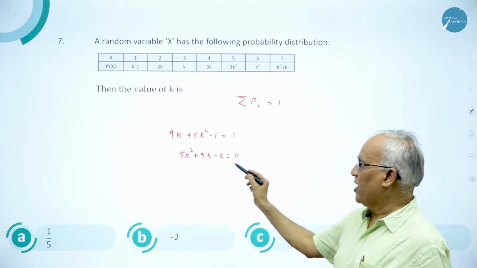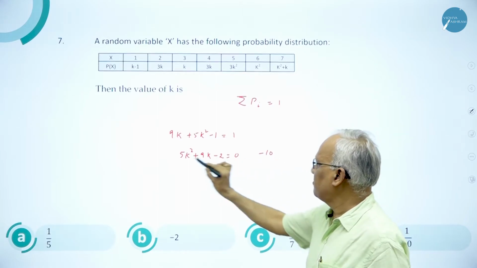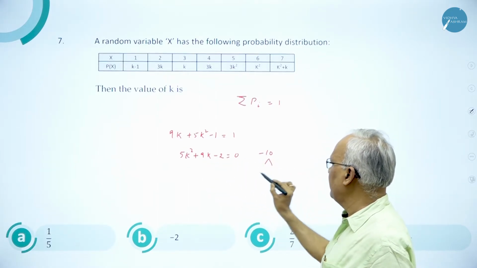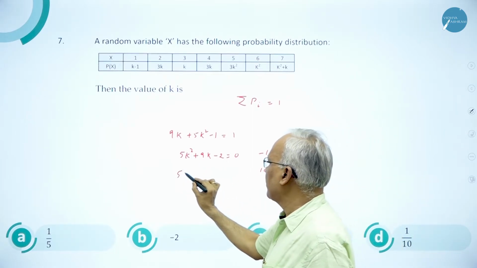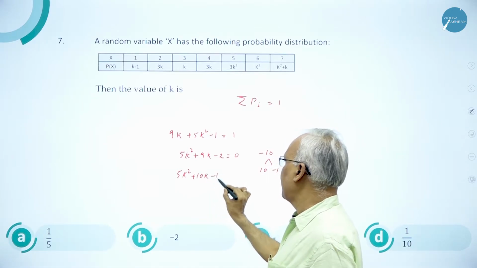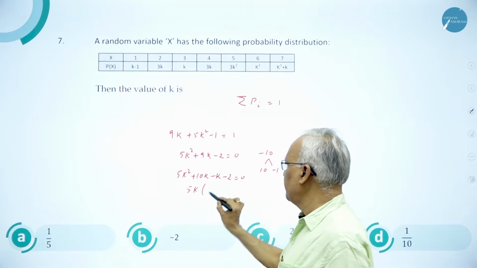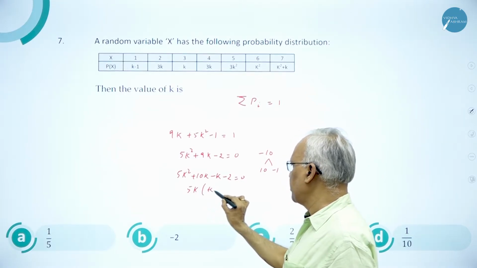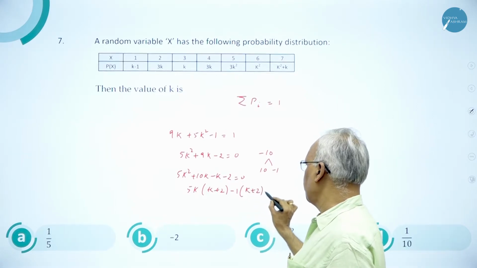Now you have to find the value of k. So the product is minus 10, factorize, and the sum is 9, which means it is 10 and minus 1. So quickly you factorize: 5k squared plus 10k minus k minus 2 equal to 0. So 5k into k plus 2 minus 1 into k plus 2 is equal to 0.